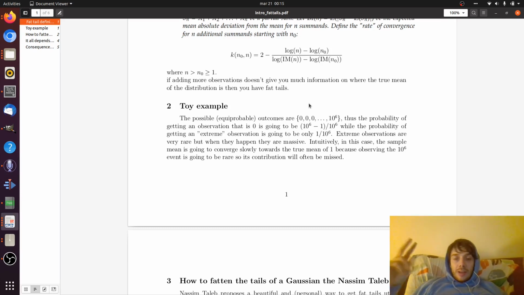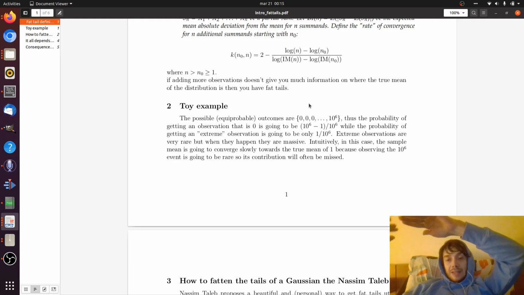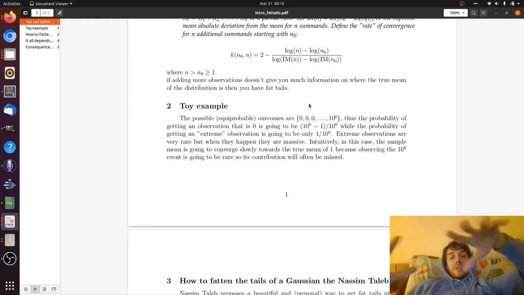Now, otherwise, you can see it the other way. Say you're lucky, quote unquote, and you see the extreme observation, the 1,000,000 observation, as your first observation. Well, then you're going to need a large number of other observations to bring the sample mean down to 1. So, as you can see in both of these cases I've described, intuitively the sample mean seems to converge very slowly to 1.